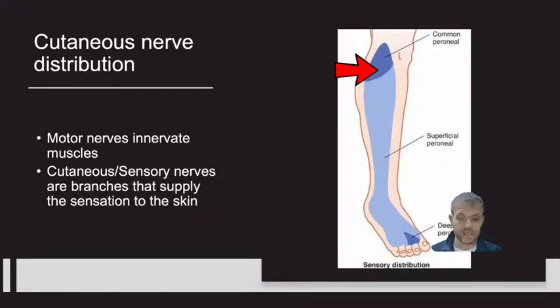Yeah, so that's your cutaneous distribution there. So before they split into deep and superficial, we've got this common fibular area here where you'll get a supply around the outside of the knee, that kind of area there, and then this superficial distribution, and then that deep one just there. Okay, so that's the whole picture.